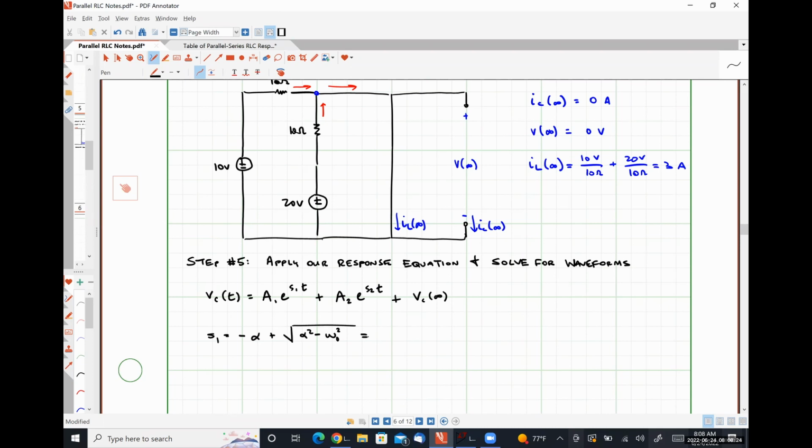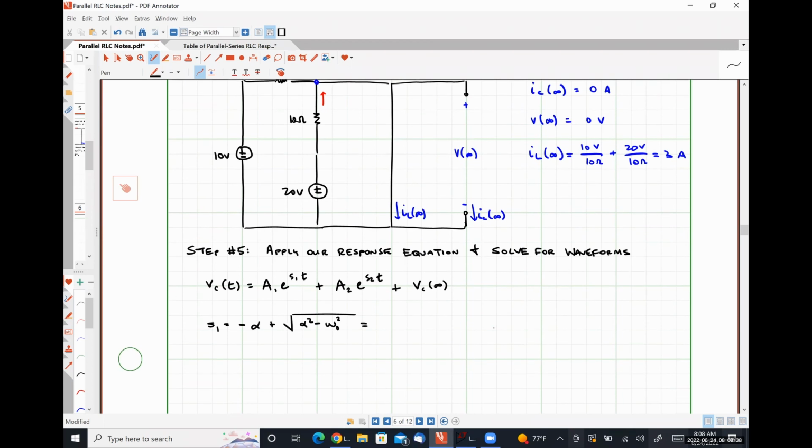And if we substitute in the values that we calculated on Wednesday, we find that S1 is negative 2.929 units of per second.